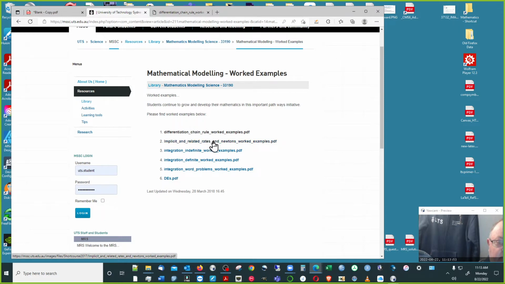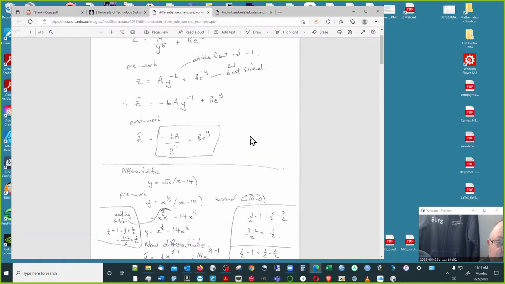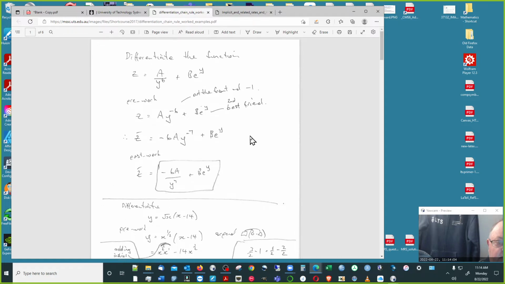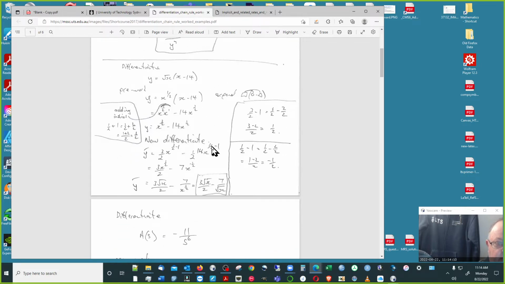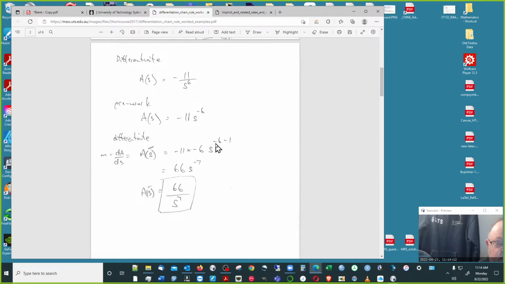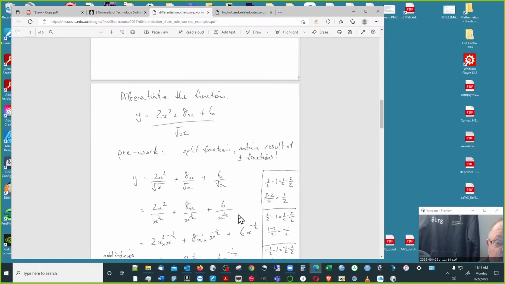Implicit related rates in worked examples. And there's some other integrations and DEs and stuff there. But for our purposes, just some basic old, how do you do differentiation? You do your pre-work, you get them into line. You do your differentiation, pre-work, get them into line, pre-work. Change of pronumerals always throws students, so that's why they're there.